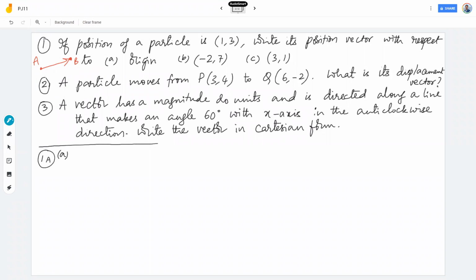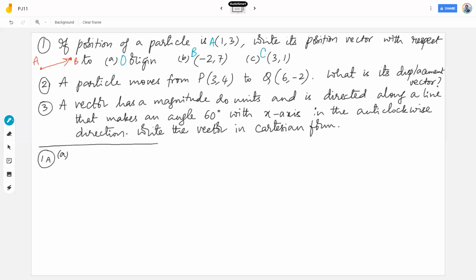Let me give names to these points. Let us say this point is A, the origin is O, this point is B, and this point is C, so that it will be easy for us to talk about it.